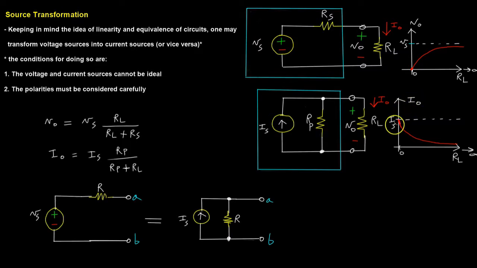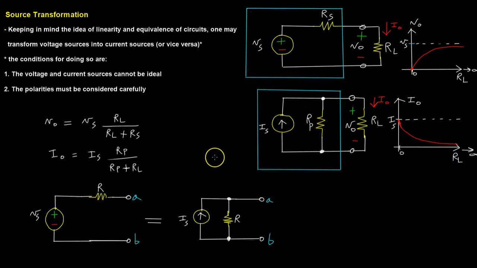And so you can see in the graph here, at a short load, you would get IS, and of course as RL goes to infinity, becomes an open circuit, none of the output current shows up at the output, and all of it goes through that. It basically burns up inside that current source, and you can see that here. So there's somewhat of a reciprocal or inverse relationship between these two different sources.